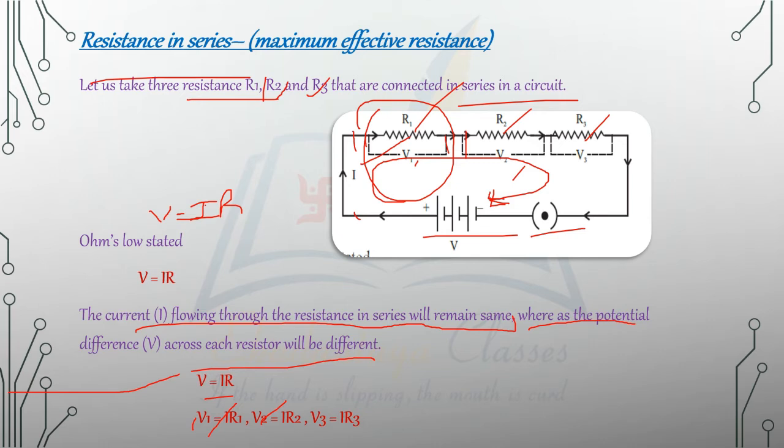For the second, R2, we take V2, and V2 is equal to IR2, because current is the same, we keep I constant. And for R3 we take V3 is equal to IR3, so I is the same there also, we keep that constant too.